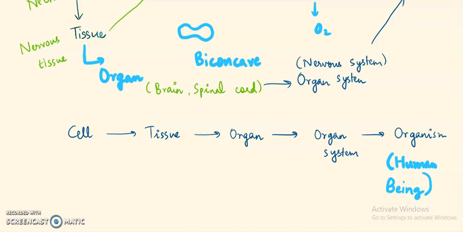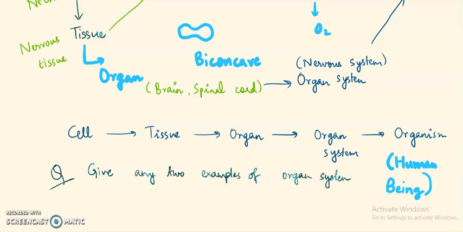Now, for you, there is one question that everybody has to answer in the comment section. Give any two examples of organ system in human body along with their function, right?